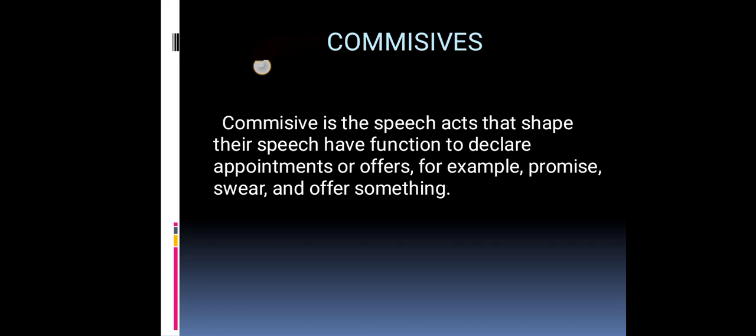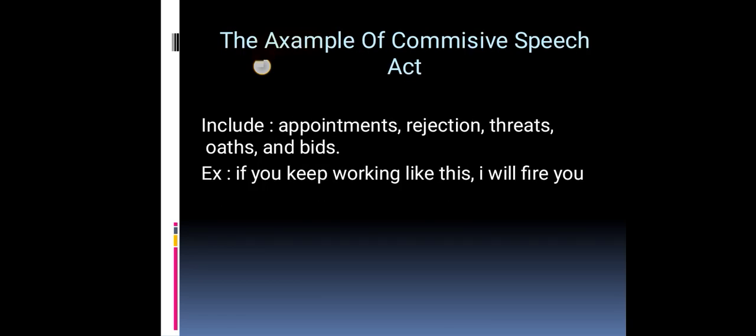This type of speech act reveals the intent of the speaker to do something. Okay, and then the examples of commissive speech acts include appointment, rejection, threats, oaths, and bids.